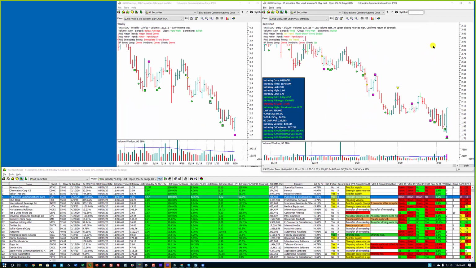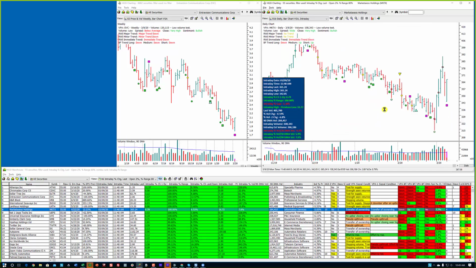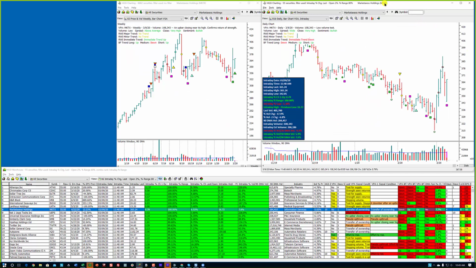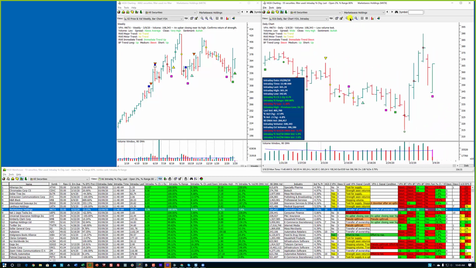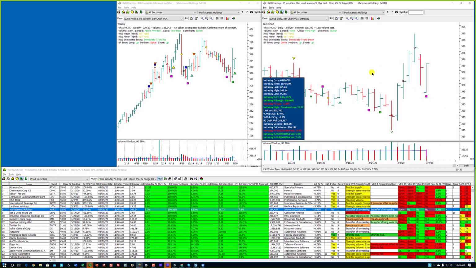Yeah, okay, now let's just take any one of these stocks as an example. Here's MarketAxess. It's an expensive stock. So I'm going to zoom in on it. I'm going to hit my alternate A key. I'm going to click on this, and we're going to go to the open.